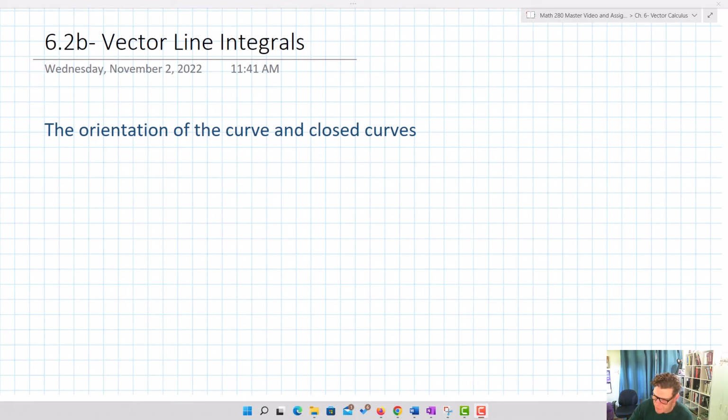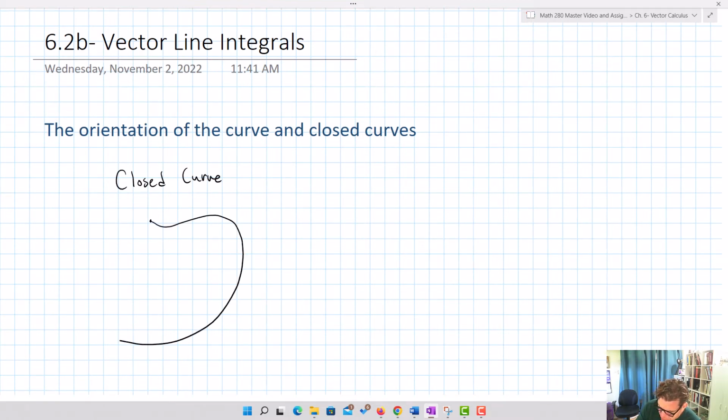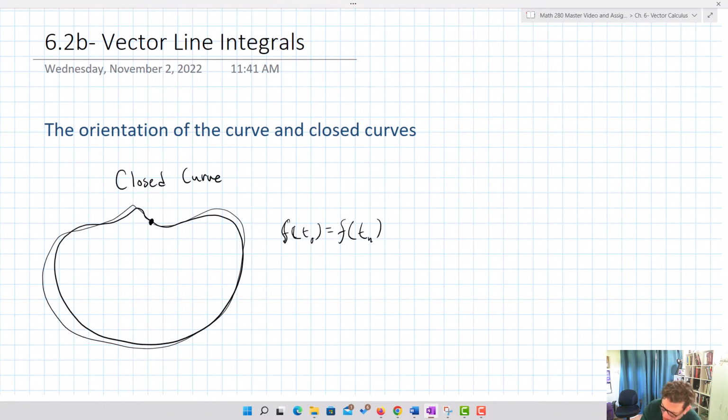What it means to be a closed curve is that we move over the curve, and f of t naught, our beginning time, equals f of t n, our ending time. So it ends and starts in the same location. That's what makes it a closed curve.